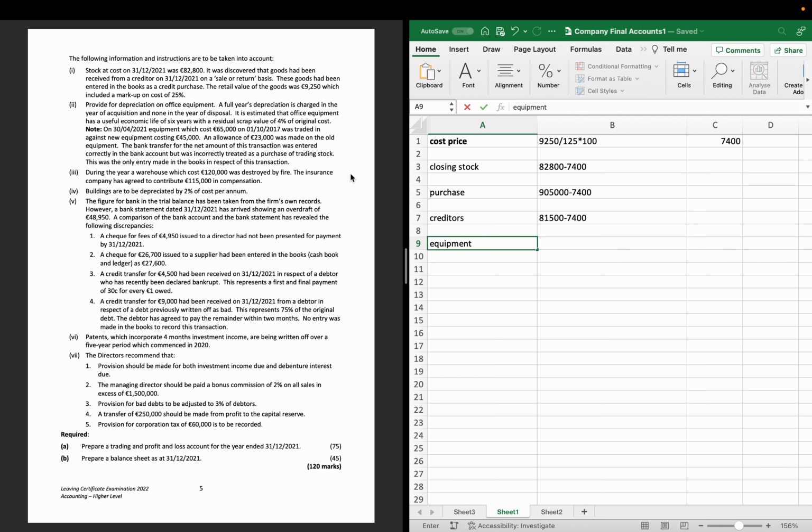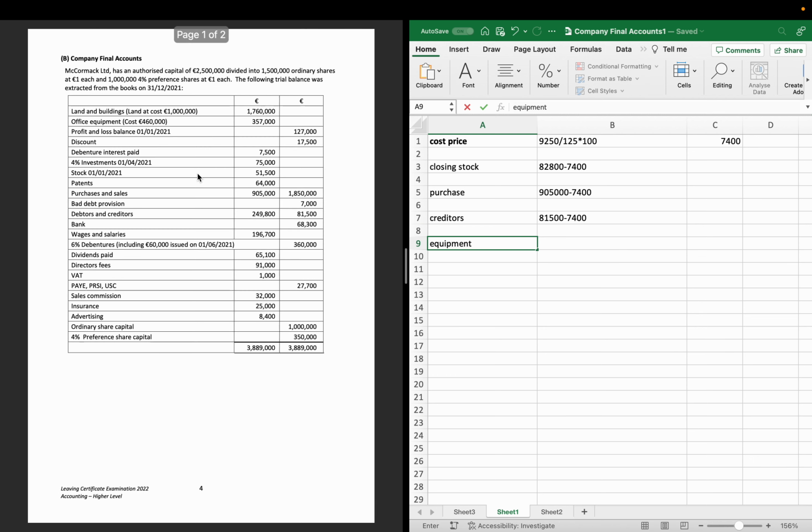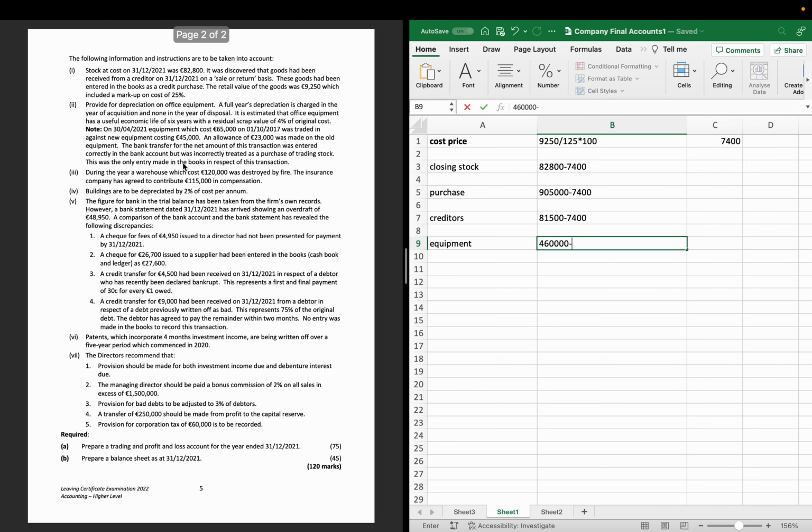So we start off, equipment starts off at 460. We're going to take away the equipment cost. We're going to take away the 65,000 that we sold, and add on the 45,000 that we bought.